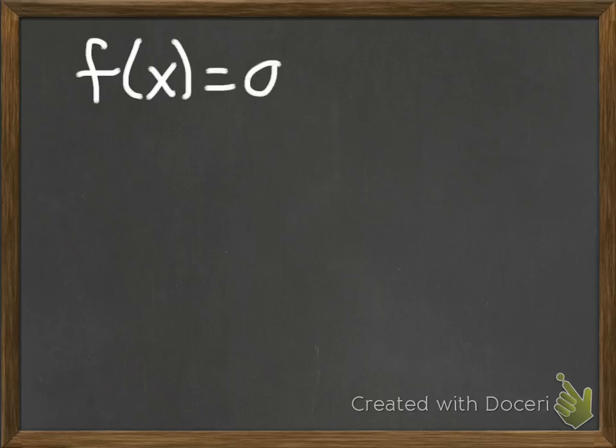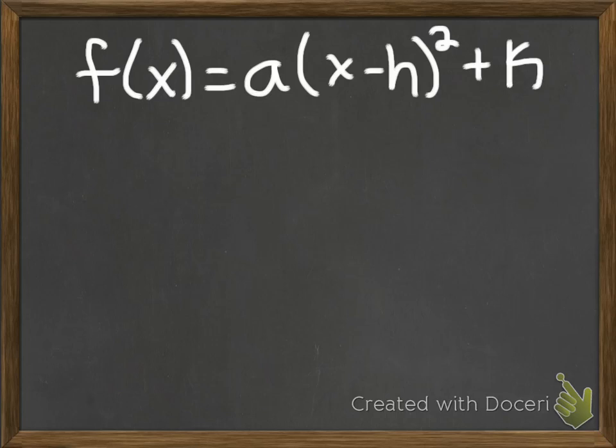If I were to give you a function f of x equals a times (x minus h) squared plus k. This is sort of a general form of a parabola, where a could be any number. Okay, a is that outside number. That was when we talked about shrinks and stretches, that kind of thing.